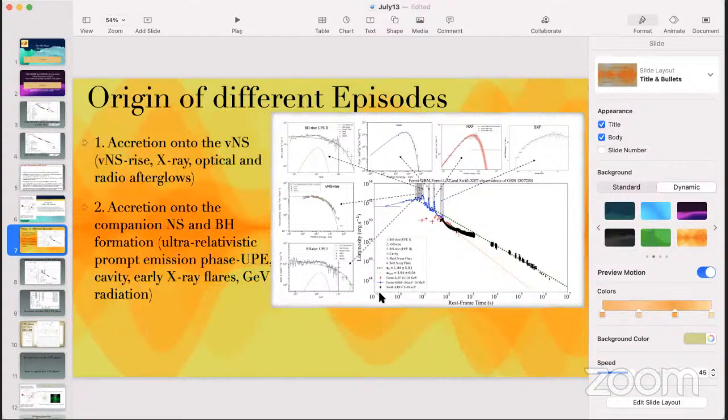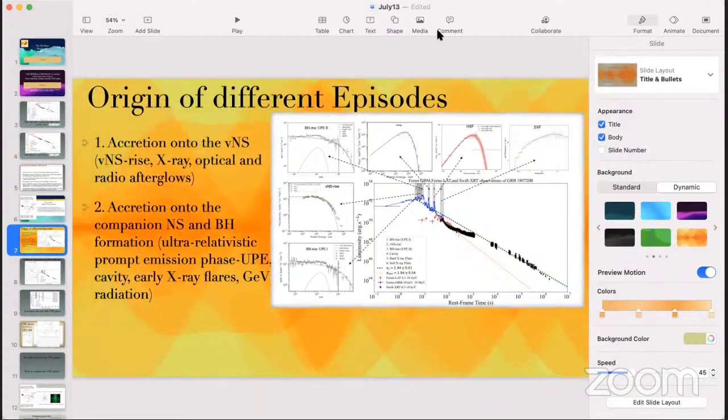I also want to show some specific results on a couple of GRBs about these early phases, about this possible double peak structure of the prompt emission that we found in 190829A, and how this is related with the two accretion episodes, one on the newborn neutron star and the other one on the neutron star companion.